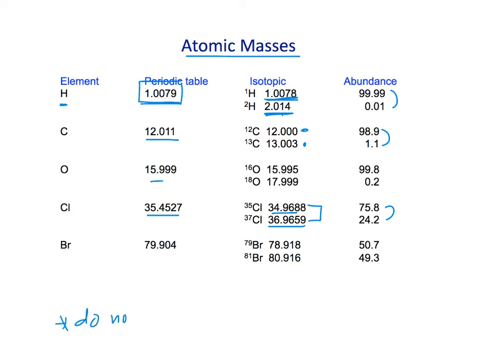Do not use the periodic table for masses, because in mass spectrometry, we can see the difference between those isotopes. We can't mix together the masses. All right, so here's the 3-to-1 for chlorine.